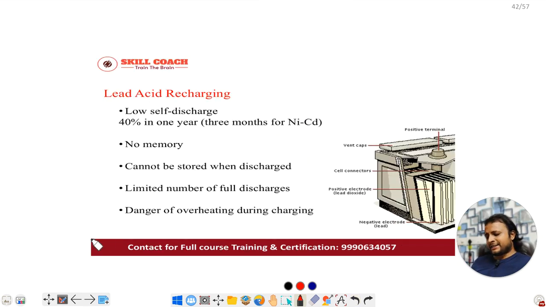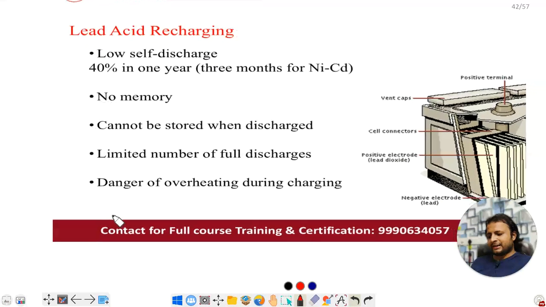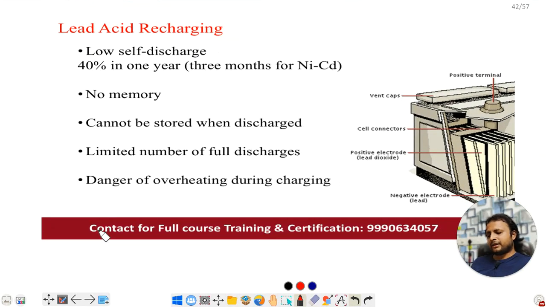And lead acid recharging, see, first, very low self discharge, meaning if we keep the battery at rest for some time, the self discharge rate is less. 40% in 1 year, 3 months for nickel cadmium batteries, and it doesn't have any kind of memory. Data storage is not possible, it cannot be stored when discharged. That is the problem.